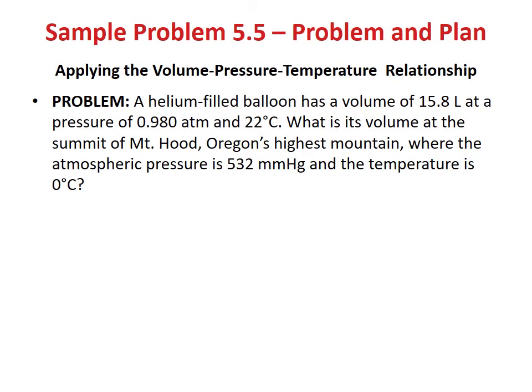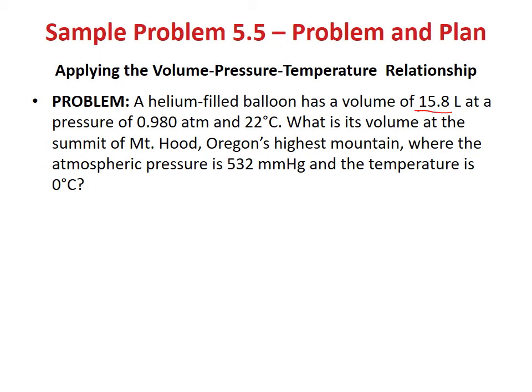Sample problem 5.5. A helium-filled balloon has a volume of 15.8 liter at a pressure of 0.98 atmosphere and 22 Celsius. What is its volume at the summit of Mount Hood, Oregon's highest mountain, where the atmospheric pressure is 532 millimeter mercury height and temperature is 0 Celsius?